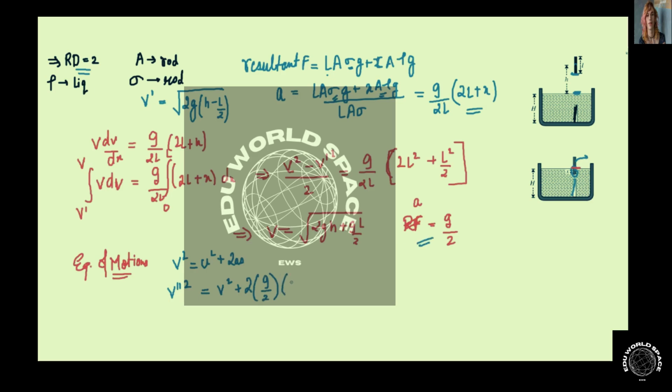S is the distance which has been covered, which is H minus L. H is the entire height of the tank, and L is the rod's length. Now using this, we can simply say that v double dash is equal to root g H plus 2 small h, which we have taken, plus gL by 2.